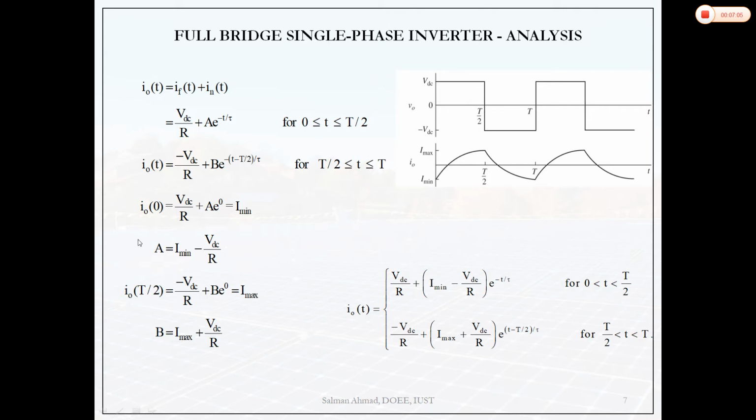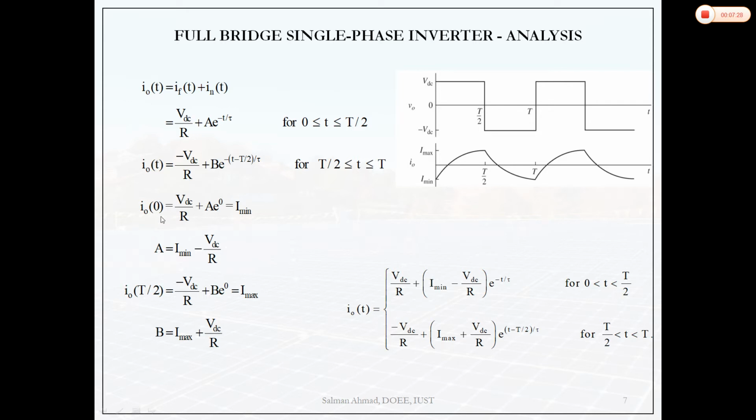Now we know that when t is equal to 0, the current will be I min, and when t is equal to T by 2, the current will be I max. So using these two values, we can find the constants A and B, which need to be determined in these expressions.